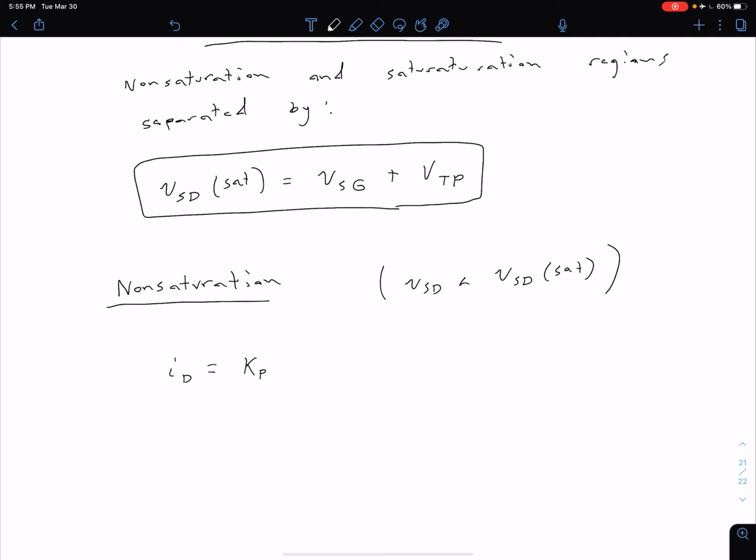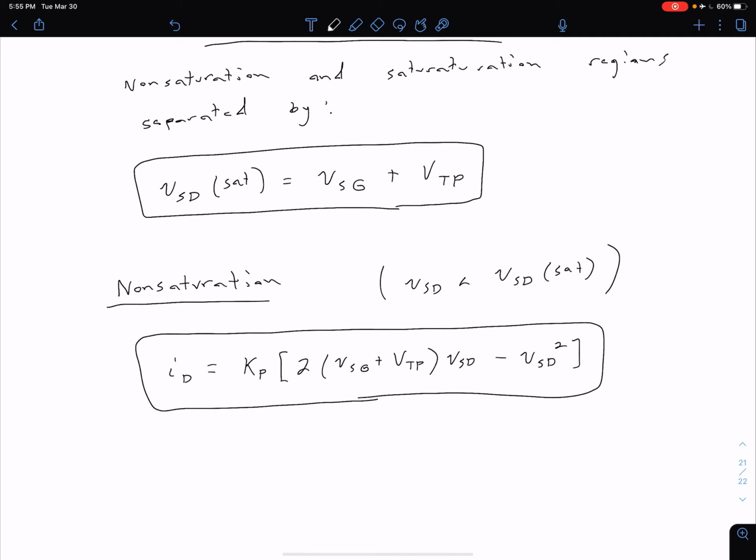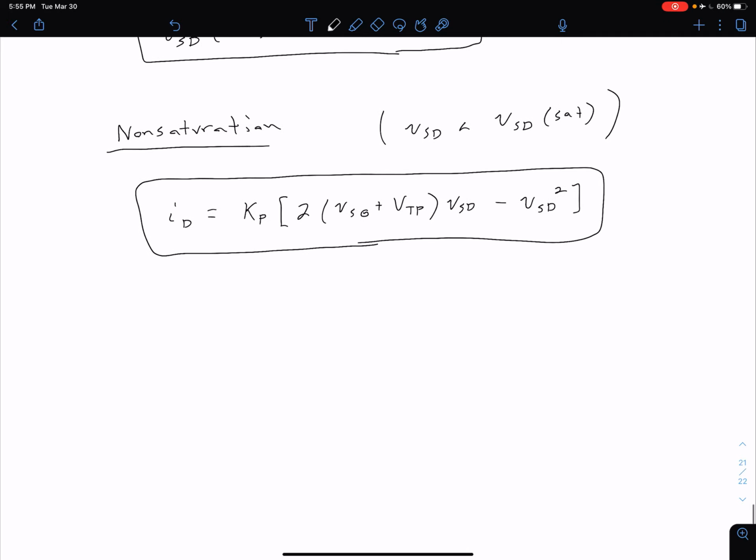We have Kp, and we'll come back and define that clearly in a minute, times 2 VSG plus VTP, all of that times VSD, minus VSD squared. So again, very similar, just slightly different based on our different polarities, and now you'll notice we're adding that threshold voltage as opposed to subtracting like we did with our NMOS.